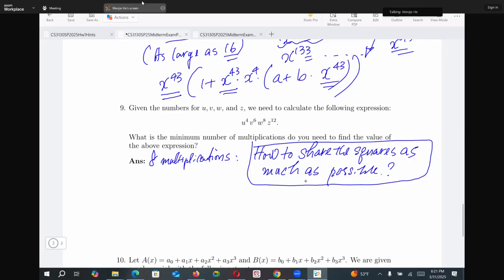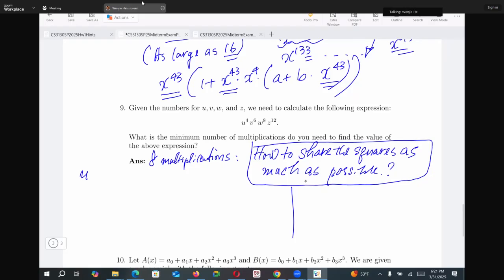All right. Now let's look at the square sharing. The first step is easiest. Everybody can see it. But when you go more and more steps, before I do the square sharing, let me tell you another common mistake. A large number of students made this kind of mistake.